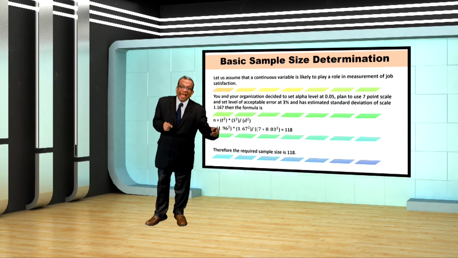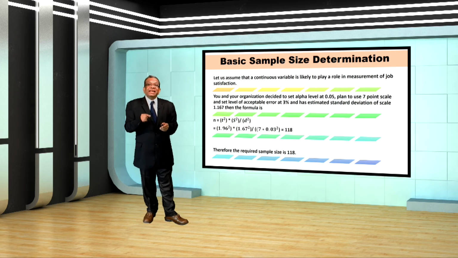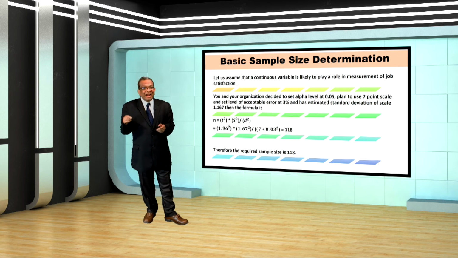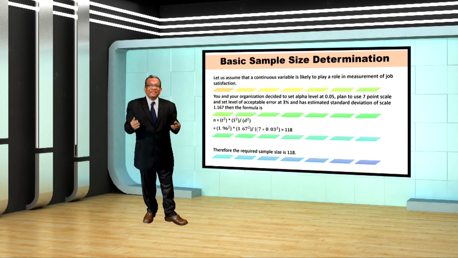Then the formula is n equals t squared into s squared divided by d squared, where d is the error that is acceptable to you.